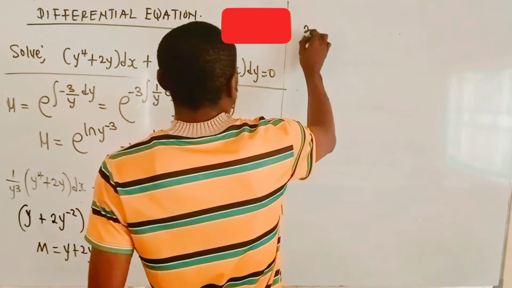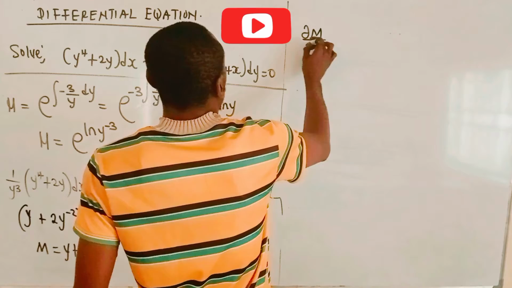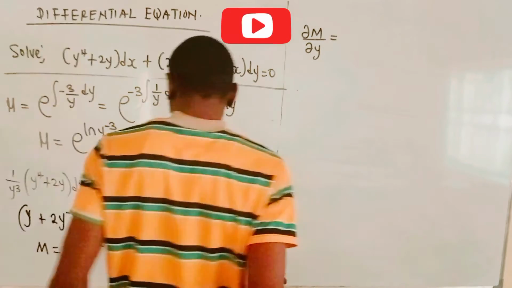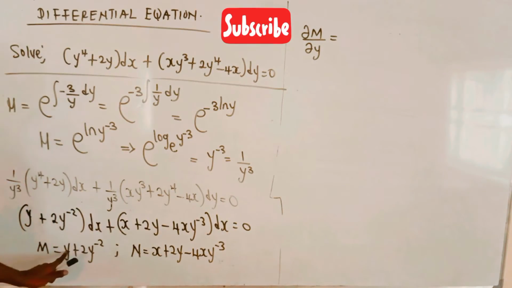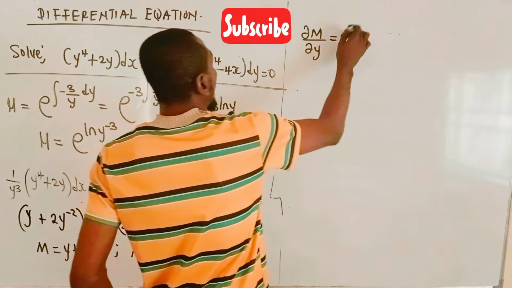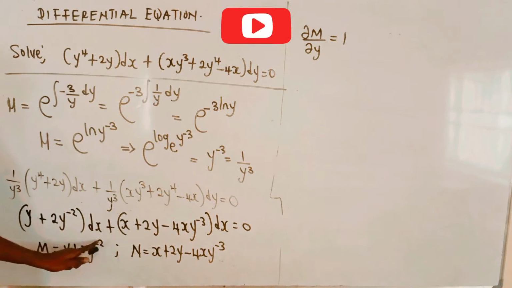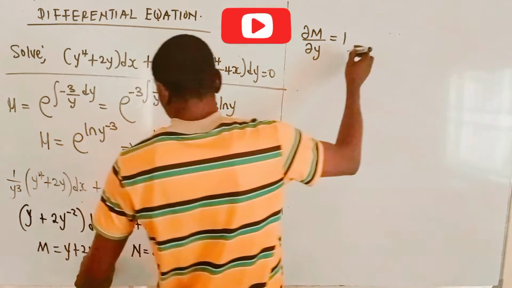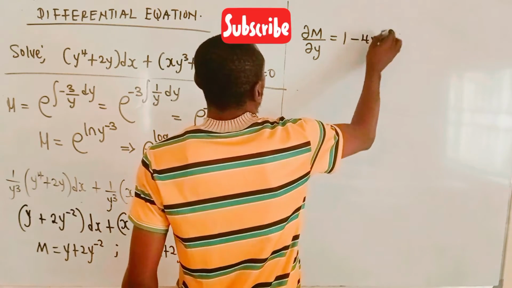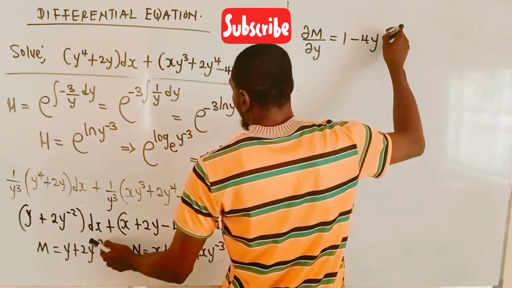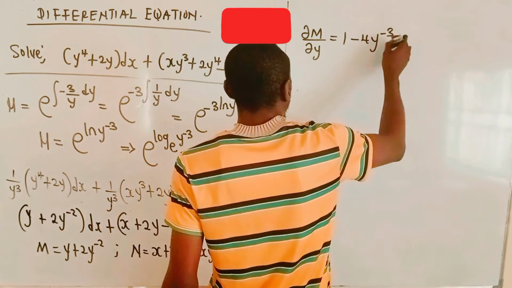So the partial differentiation of M with respect to y: differentiating y here is 1, and differentiating 2y raised to the power minus 2, minus 2 times 2 gives us minus 4y, removing 1 from the power gives us minus 3.